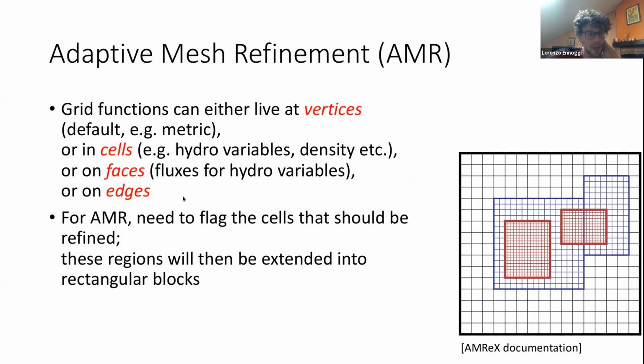And for adaptive mesh refinement to work, what AMReX does is flag the cells that should be refined. And if you have multiple neighboring cells which should be refined, then AMReX takes care of enclosing those regions in rectangular blocks, which will then be refined.